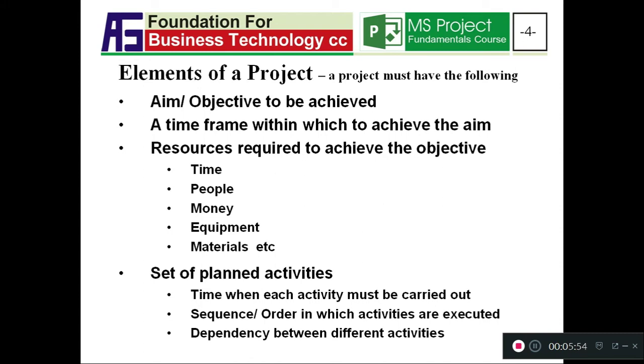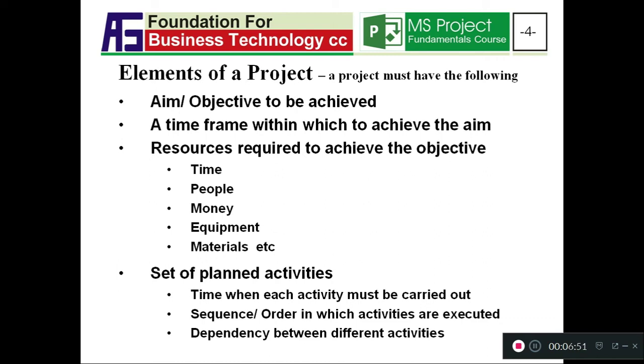Thirdly, a project requires resources to achieve the objective. So the resources are of different types. Firstly, you need the time. So time is a resource required for a project. Secondly, you need people or manpower. So these people, they represent skills that must be utilized during the project.